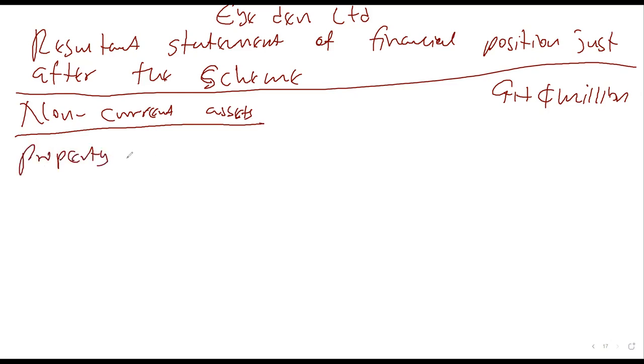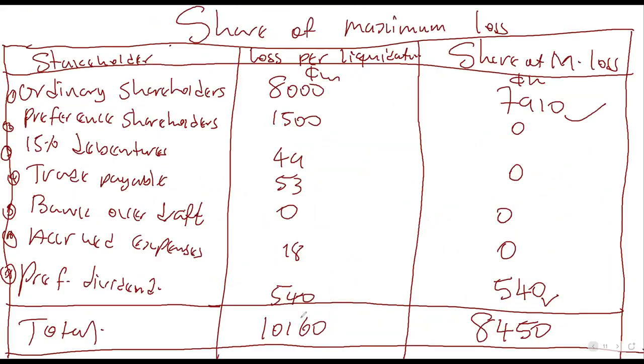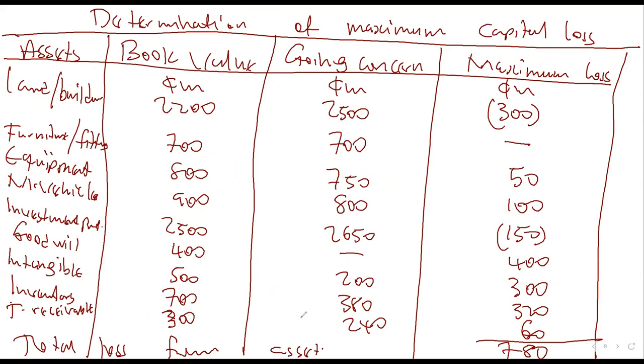Property, plant, and equipment. Now go to the going concern figures and add the PPE figures. PPE is the first four. Put them together for me.